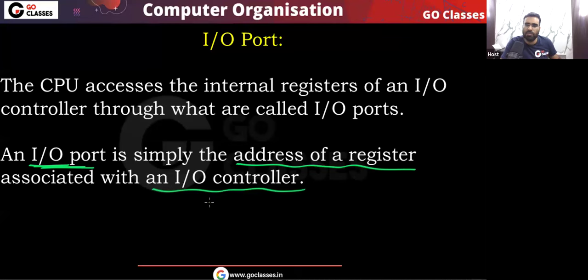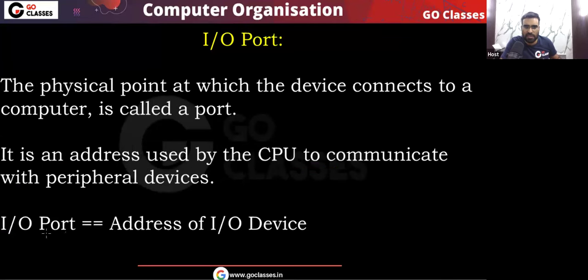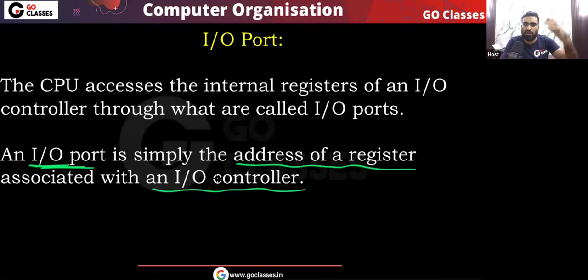But most of the time I will use this word casually. For example, whenever I want to say the address of an IO device, I will use IO port. But you should understand that registers inside the controller also have addresses. These addresses of the registers are called IO port.